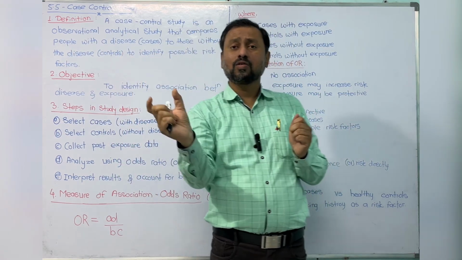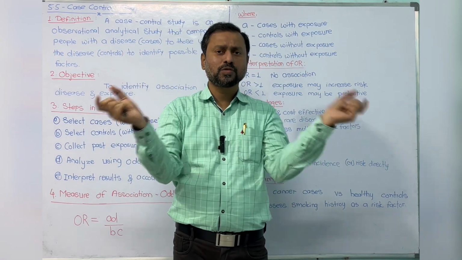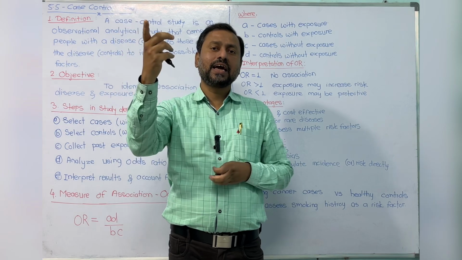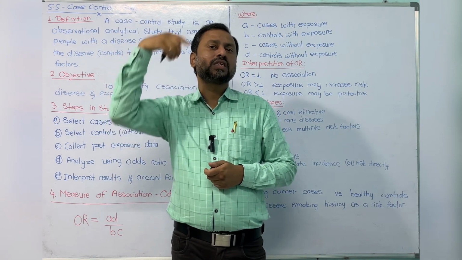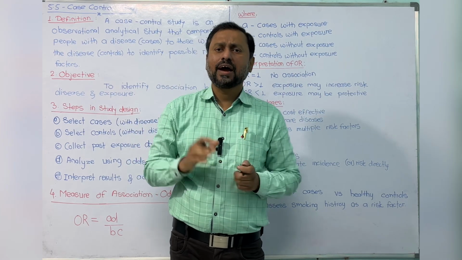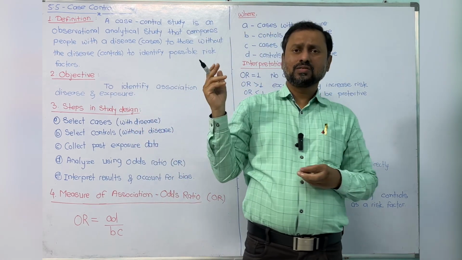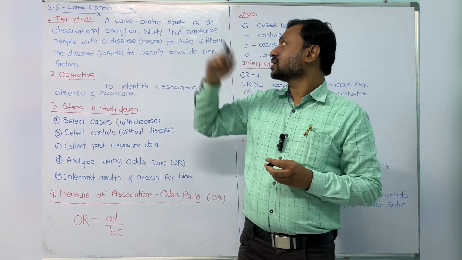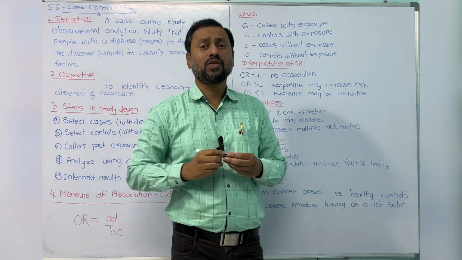Those who are in the smoking group with the non-smoking group, we are comparing and analyzing whether the smoking group has more chances of the disease or not. Like that, we are comparing and finalizing the chances. Okay, like that, we do this case control type of study.